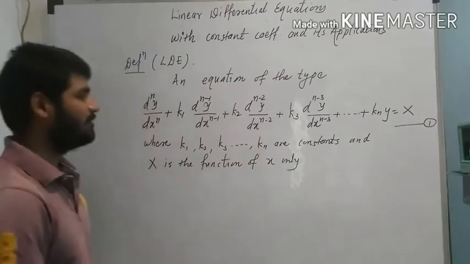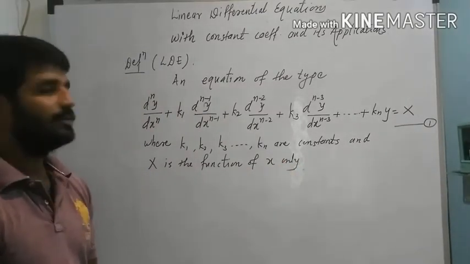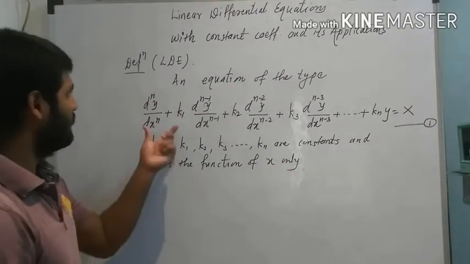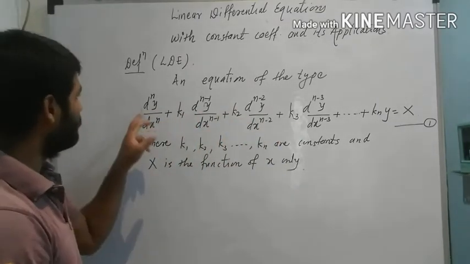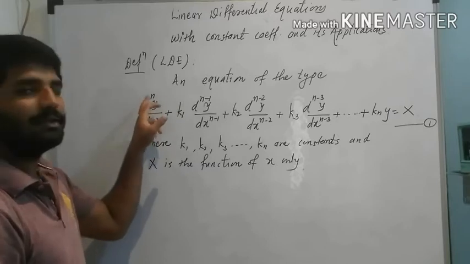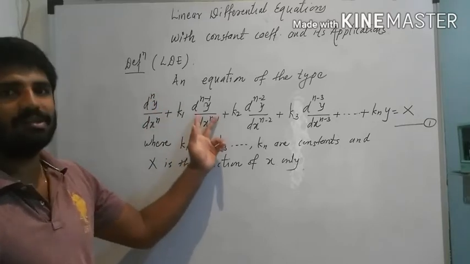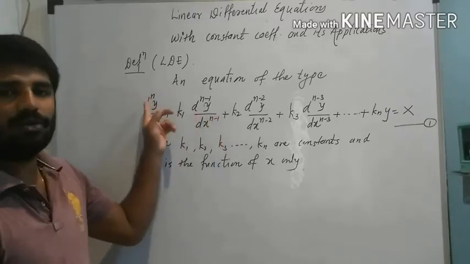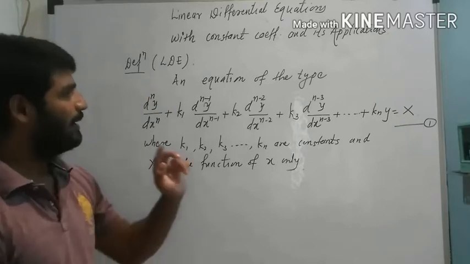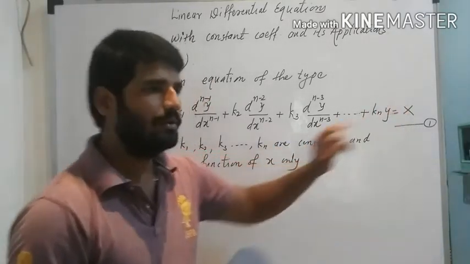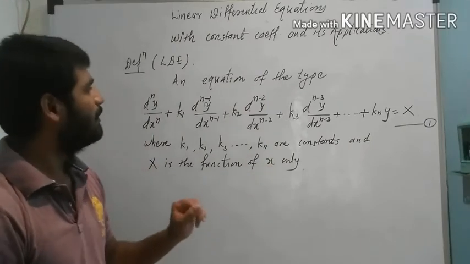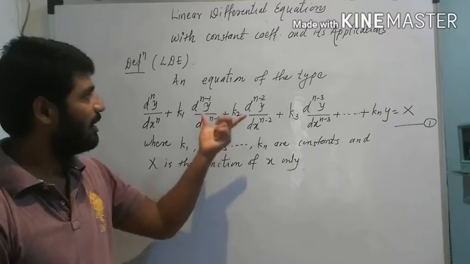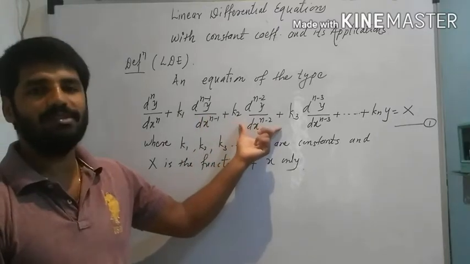So this is the definition of a linear differential equation with constant coefficients. It contains derivative terms with constants k1, k2, k3, and the highest order derivative is the nth derivative. Therefore the order of this differential equation is n. In the RHS there is capital X, which denotes a function of small x only. In this topic we have to study how to solve this type of differential equation.